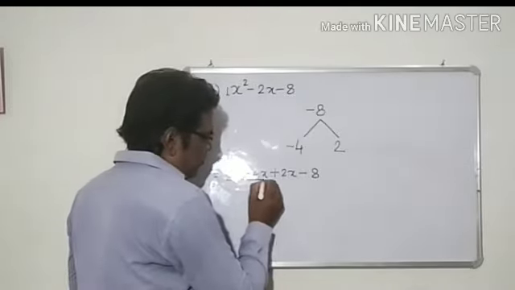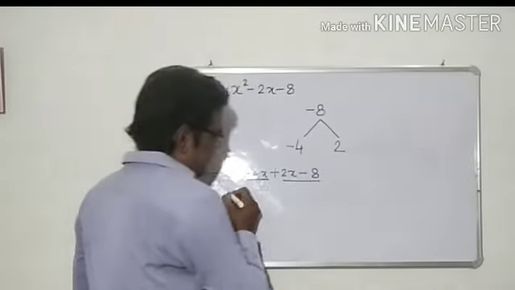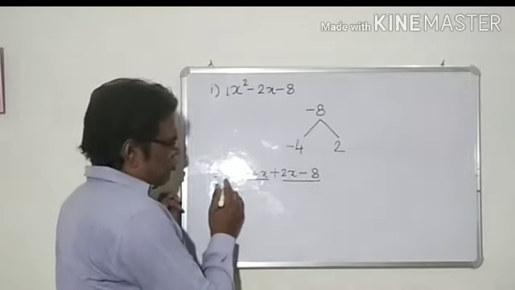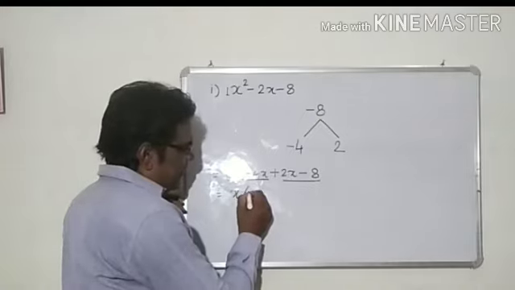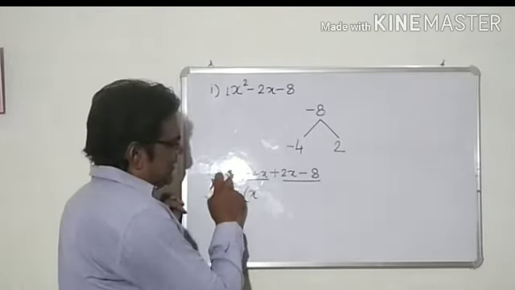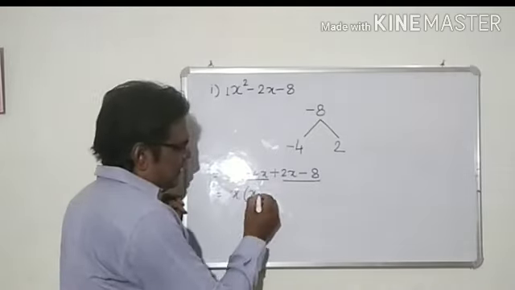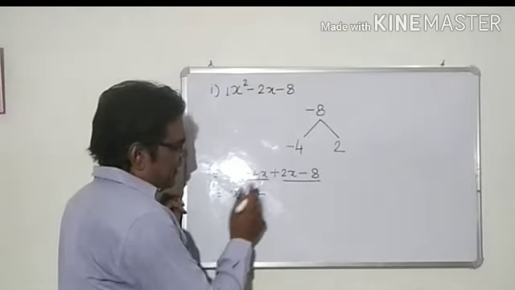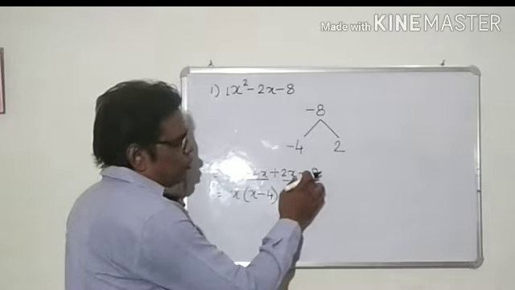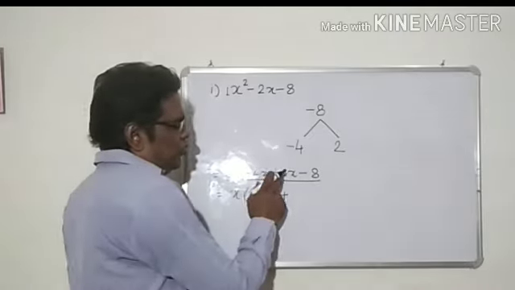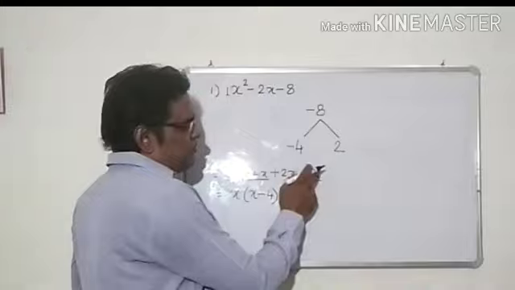Now you have to take group of this, group of this. The common between x square and minus 4x is of course x. So you write this as x taken out, x remains inside, minus, this x is already taken out, so 4 remains: x minus 4, plus. Now what to take common here? In 2's table 2 also comes and 8 also comes.